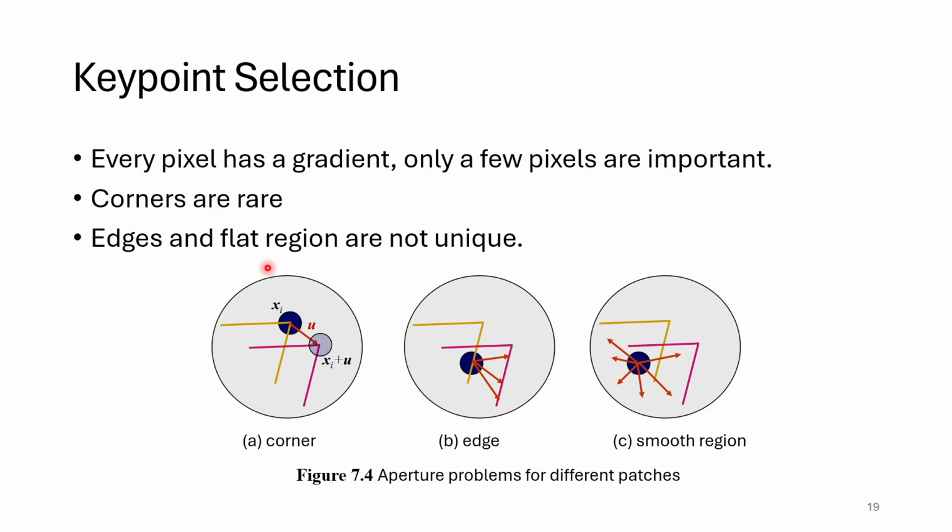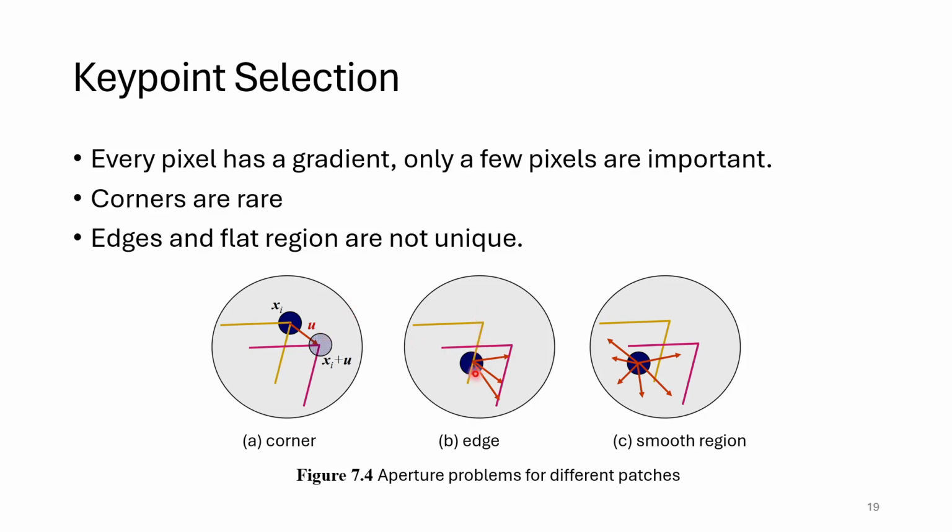The reason is corners are relatively rare in an image. If we can find one corner and find another corner, even if there is some shift between the images, they are still rare, so we can easily match them.